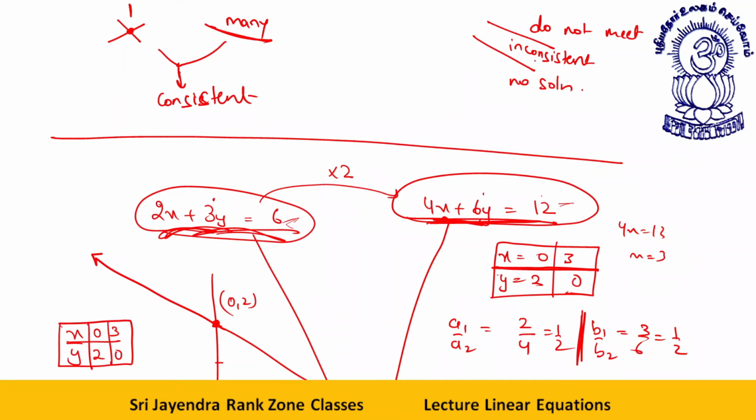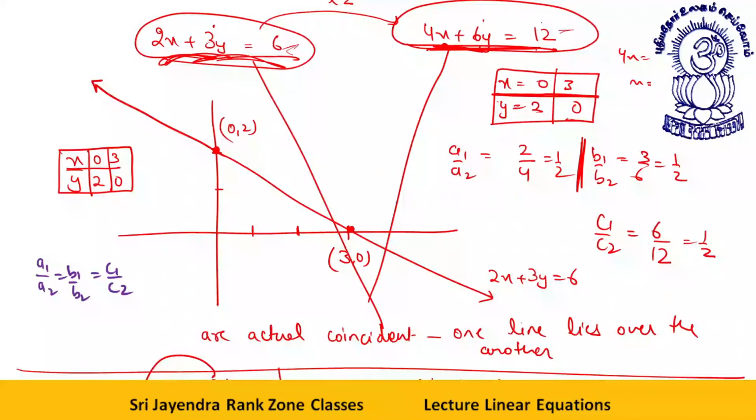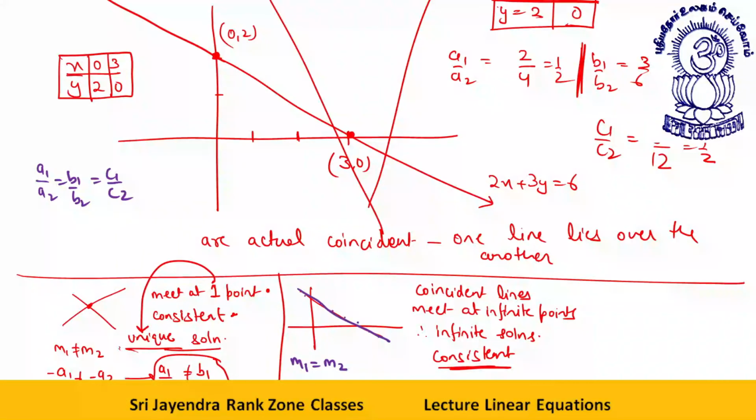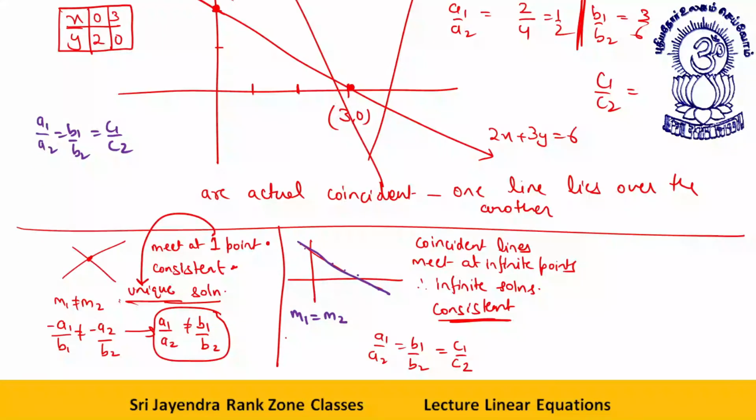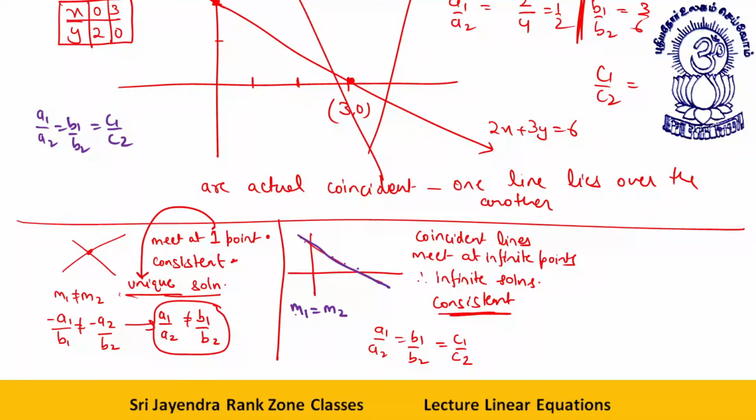Okay, so the last thing is these parallel lines. They have m1 equal to m2, but their c1 not equal to c2.